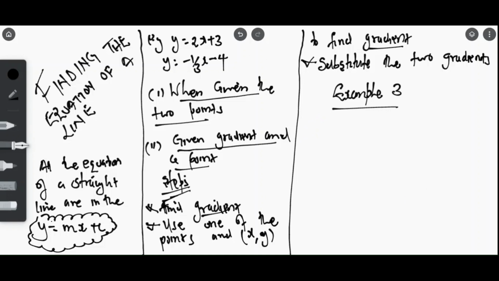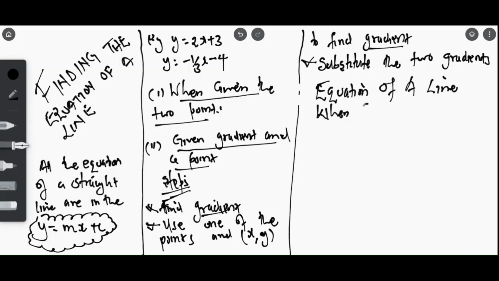So let me first of all write: equation of a line when given 2 points.